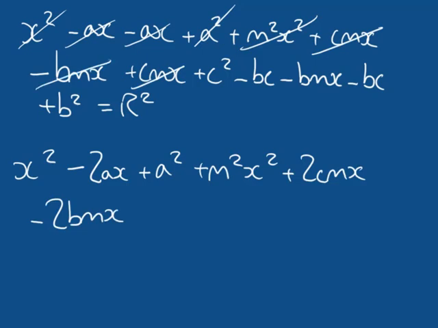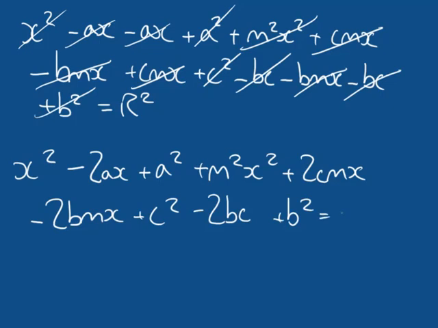Get rid of those. Plus c squared, that's the only c squared that we have, so plus c squared. Minus bc, we actually have two minus bc, so that's minus 2bc. Get rid of those. Plus b squared is equal to r squared.